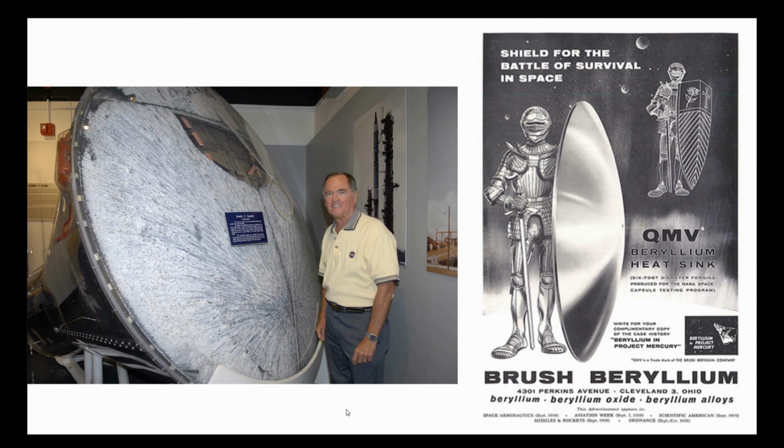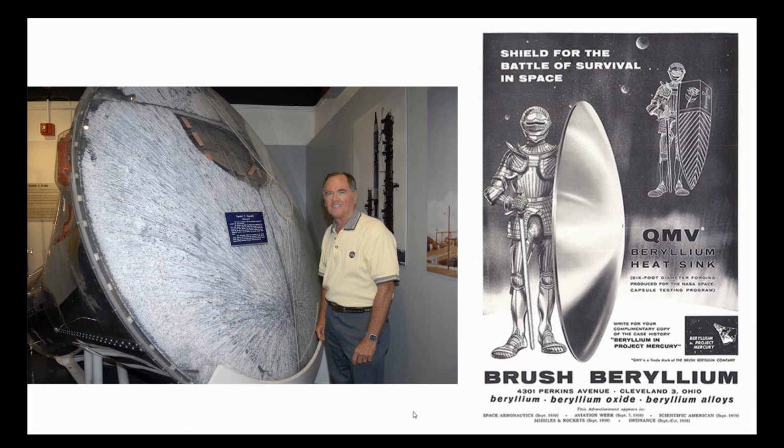The single largest piece of beryllium ever manufactured was the heat shield on the Mercury, Gemini, and Apollo spacecraft, a pure shield of beryllium, and the company that makes it is still around. The beryllium has a high melting point, but it also absorbs heat really well and carries it off.